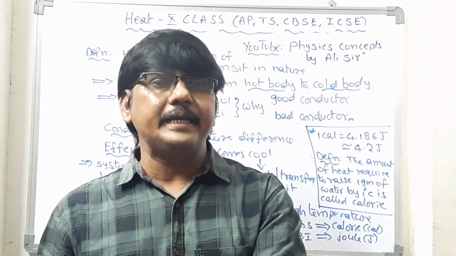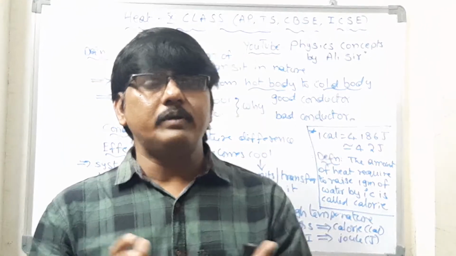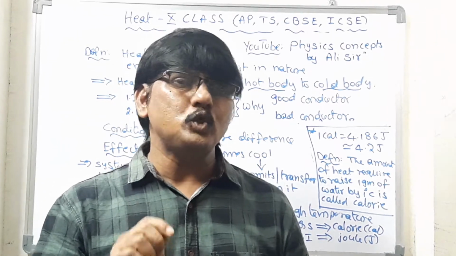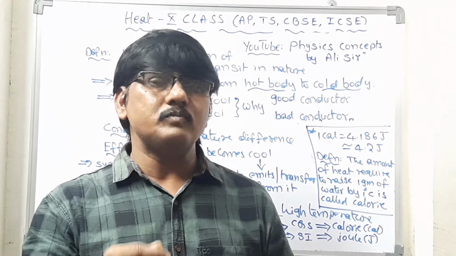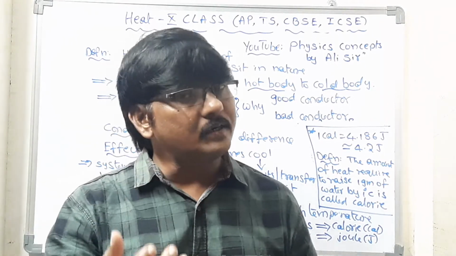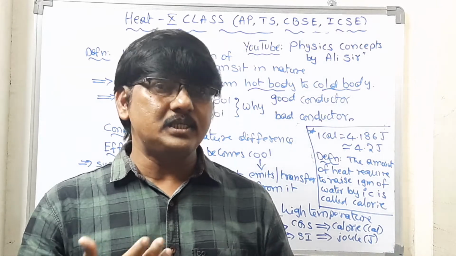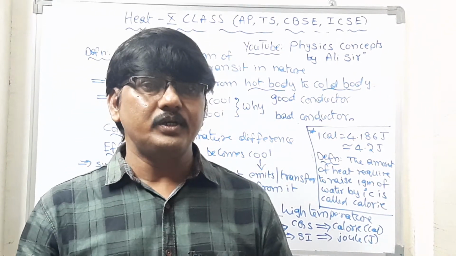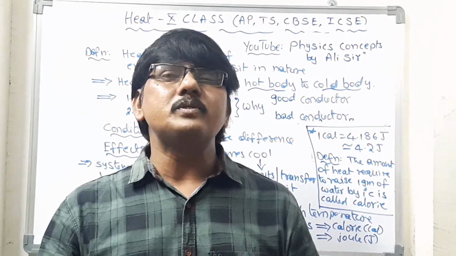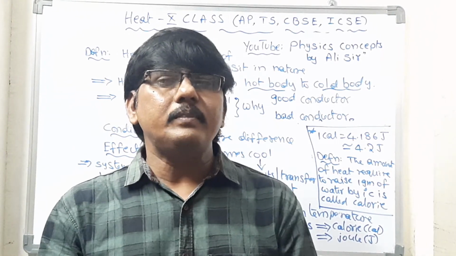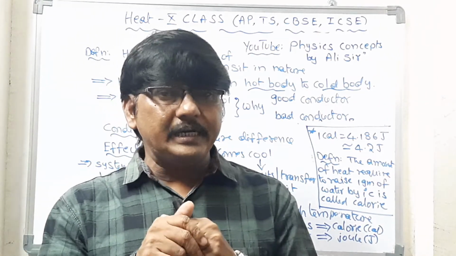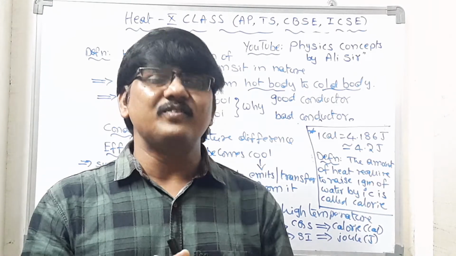What are the effects of heat? If a system is losing heat, then that system will become cool. If a system is gaining heat, its temperature naturally increases, so it becomes a hot body. How much heat will be transferred, and about temperature, we will discuss in the next session.